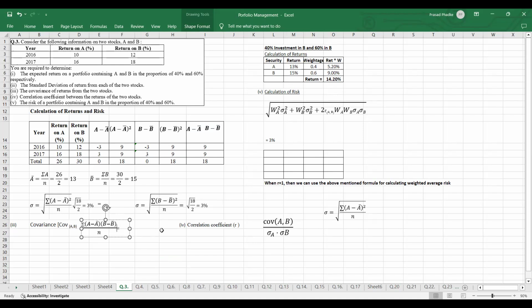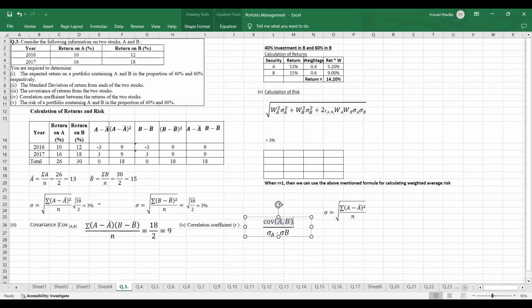So when we're using actual data and not a sample, you are not supposed to use n minus 1. Use n only. So this is 18 upon 2, so 9.